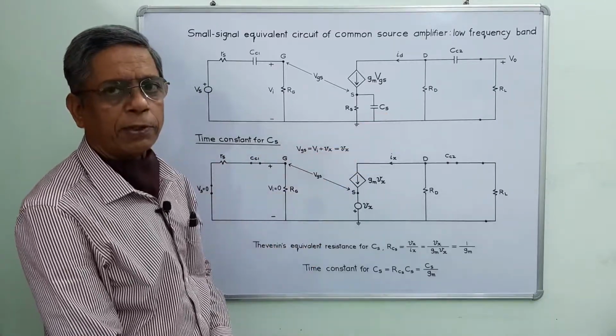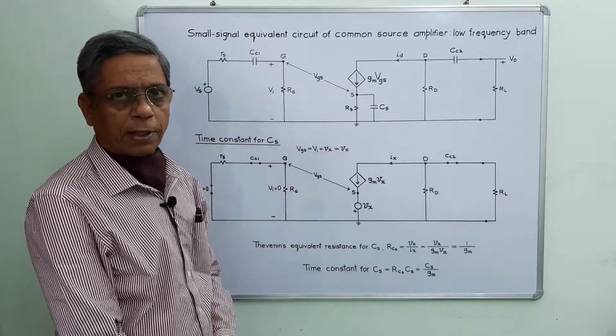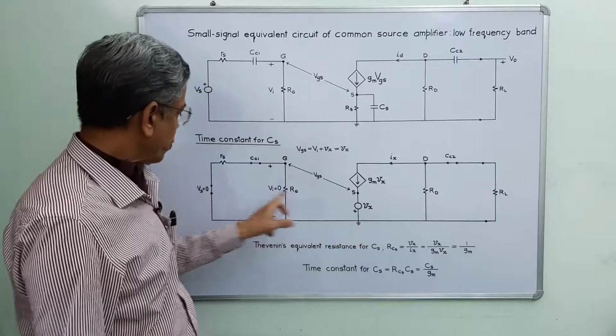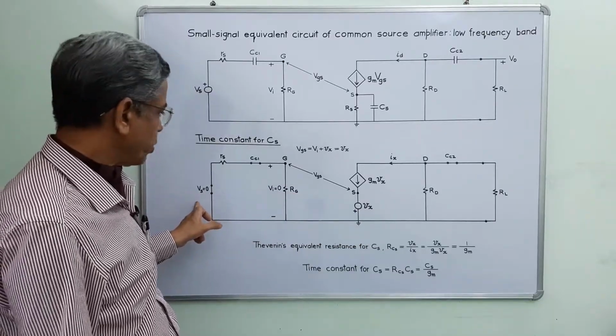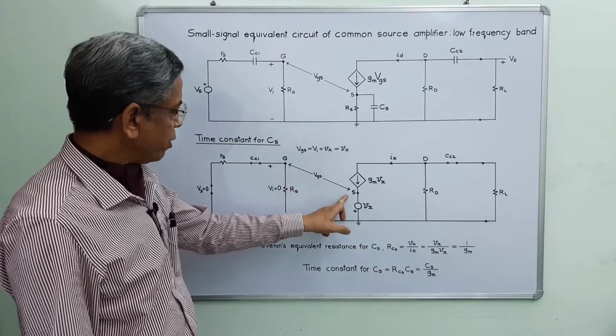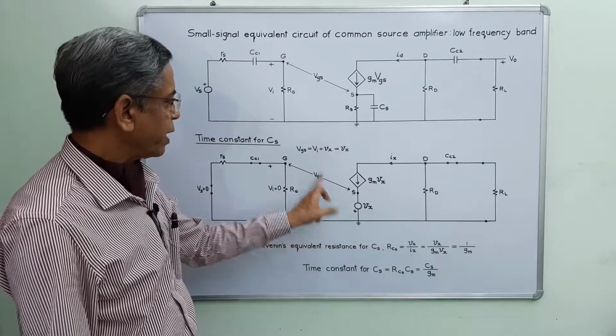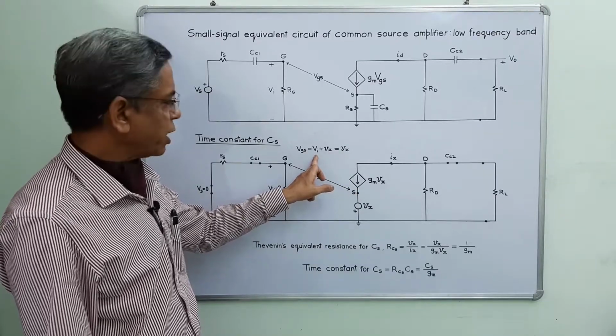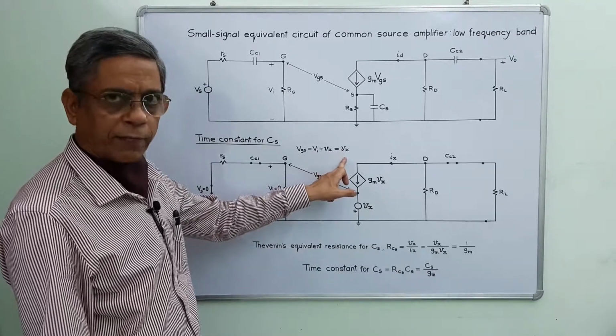I have to apply Thevenin theorem on this circuit, replacing this CS by a test voltage and putting the input voltage source equal to 0. That means this Vi will be 0 and this VGS will be equal to Vi plus Vx as per this equation, where Vi is 0, that means VGS will be Vx.